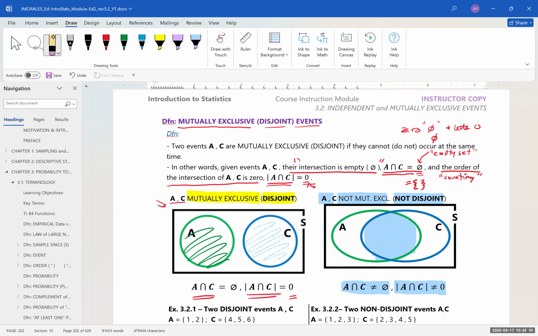So maybe another way to look at this would be to look at two people. If we had person number one, and here is person number two, and person number one liked to ski, and person number two liked to swim.